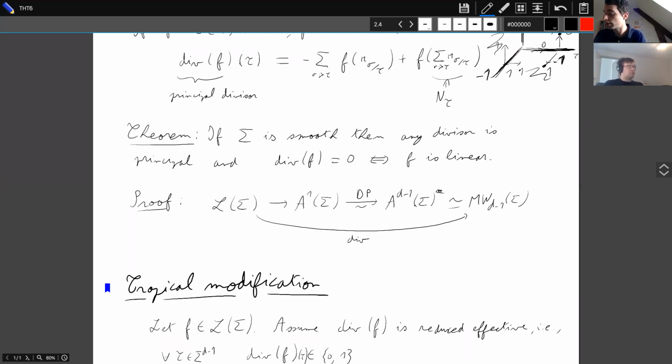By Poincaré duality, it goes into the dual of A_{d-1}, which is isomorphic to the set of divisors. And it is factorized like that. And by Poincaré duality, we know that this is an isomorphism. So the kernel of this is just the kernel of this, which is the linear forms, the linear maps. So we get the theorem.